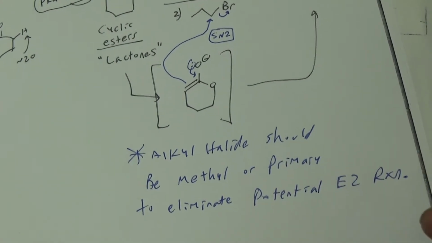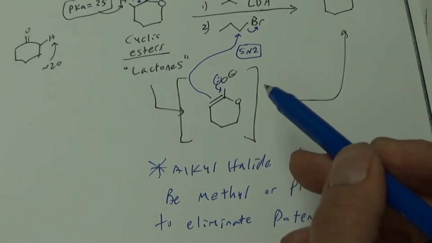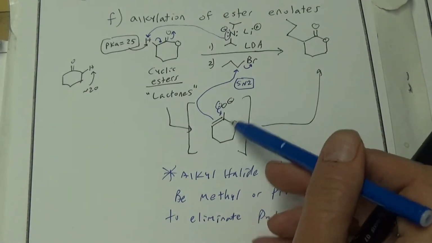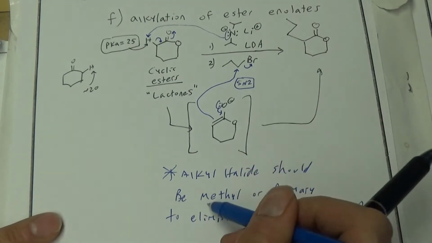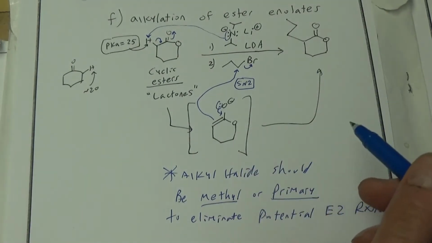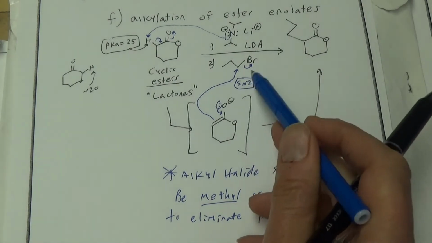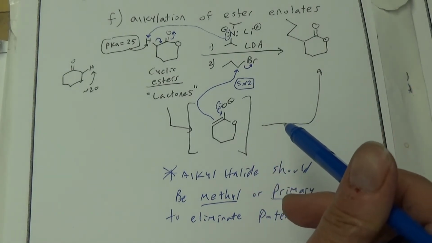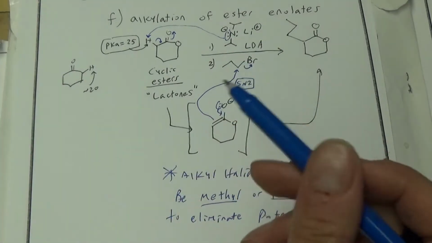We've seen that restriction before also with other kinds of SN2 reactions. If you have a basic nucleophile, usually you need methyl or primary. You can't use secondary or tertiary without potentially getting E2 reactions instead. Okay, so yeah, that was easy. Alkylations of ester enolates. Alright.